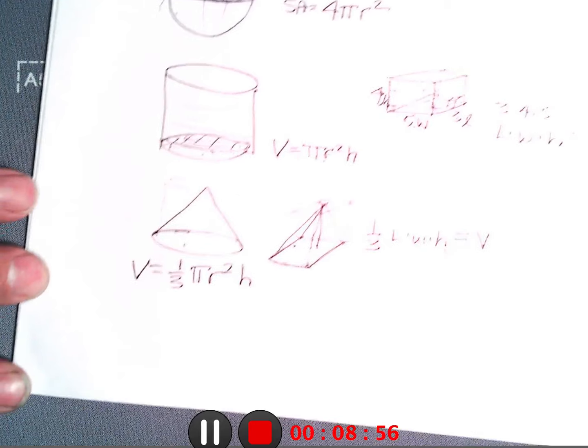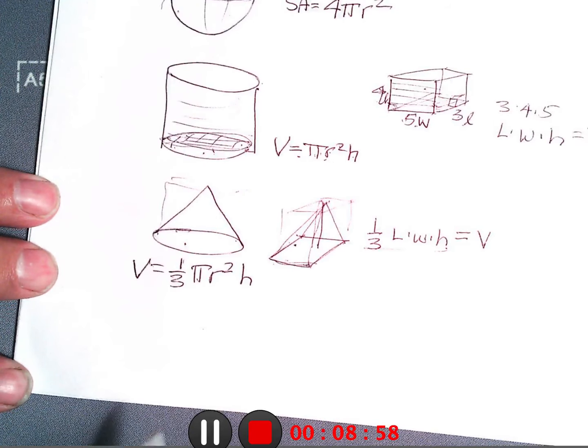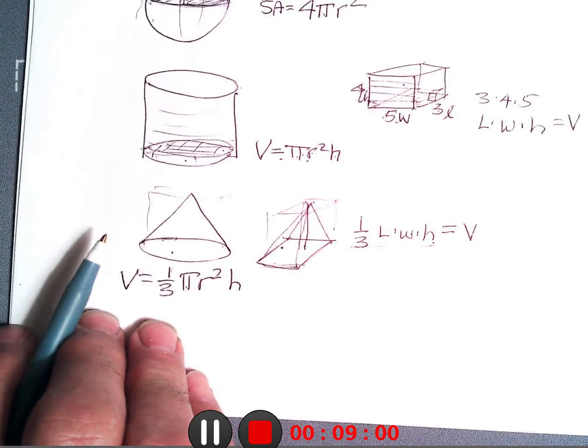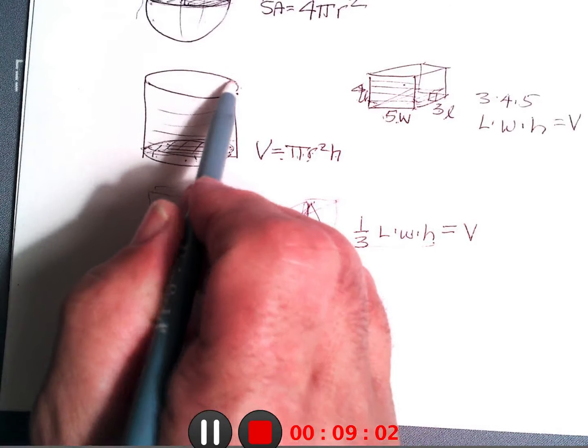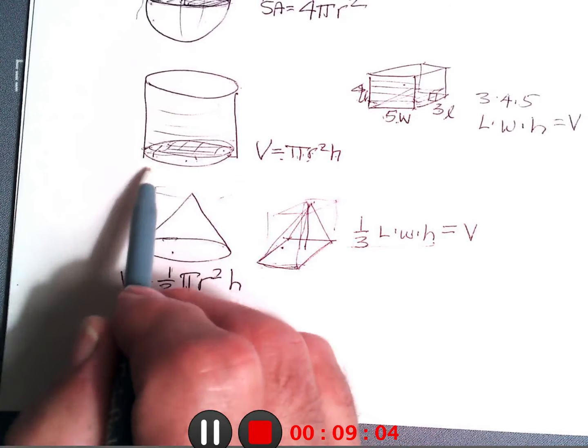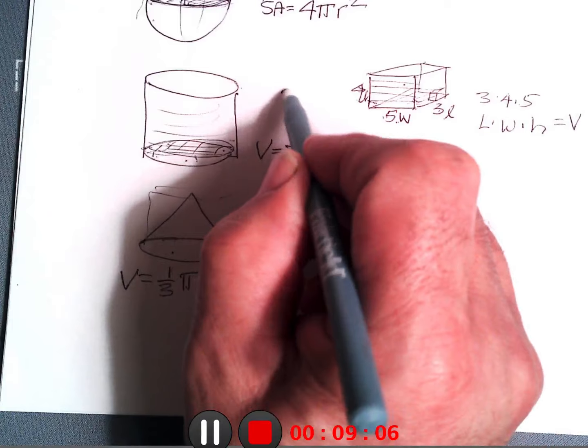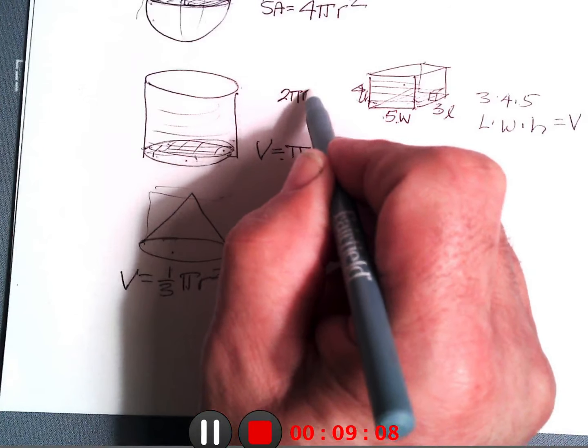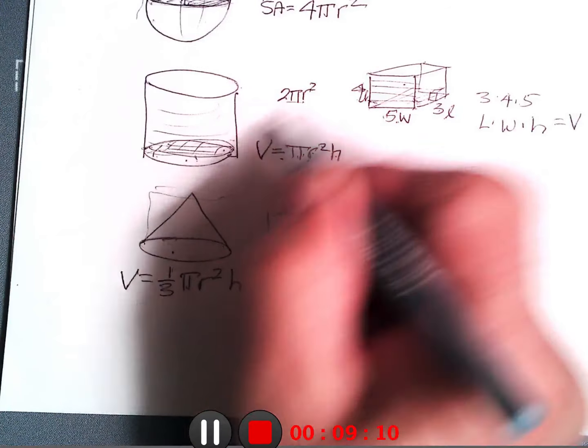Now, if you're doing the surface area of a cylinder, you'd have a circle and a circle, one on bottom and one on top, so you have 2 pi r squared, 2 circles, plus the sides.